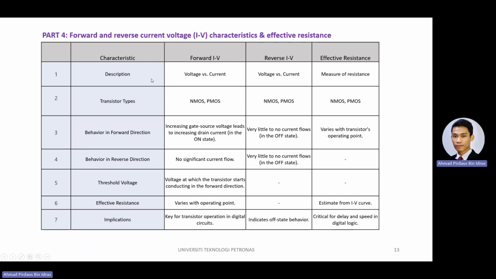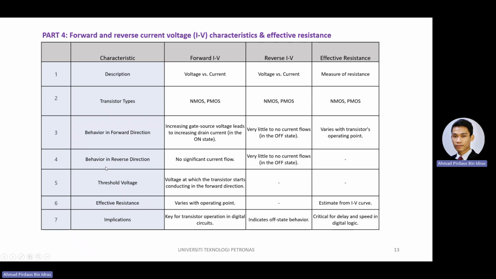For the forward IV, increasing gate-source voltage leads to increasing drain current in the on state. On the other hand, for the reverse IV, very little to no current flows in the off state. For the resistance part, the effective resistance varies with the transistor's operating point.